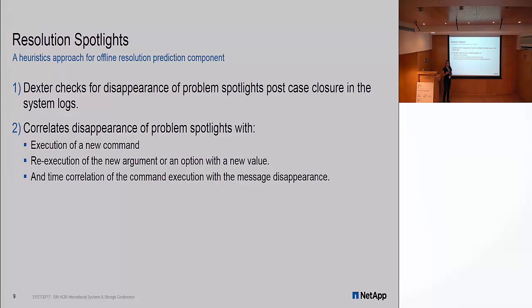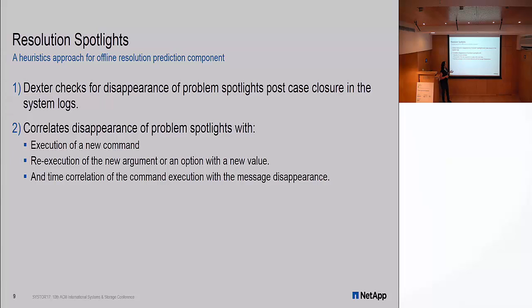And then after the case is closed, that is the problem is resolved, we go back to the same system and then try to figure out what are the new spotlights coming up. And if one or more of the earlier appearing spotlights have disappeared, that is they no longer exist in the system, we can say that maybe these are the ones which were causing the problem, and since the problem is resolved, they have disappeared. And now what we do is we go back to the second source of data, which is the commands. So we also have commands which the customer executed. Mostly they are management commands.